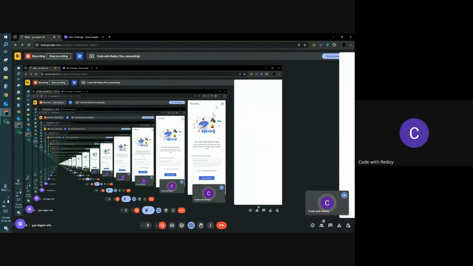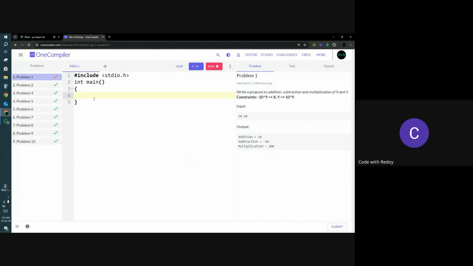Okay, we are going to start practice problem 2, that is called PP2. And the first problem is: write a program for addition, subtraction, and multiplication of x and y. This problem we solved already in practice problem 1, right?